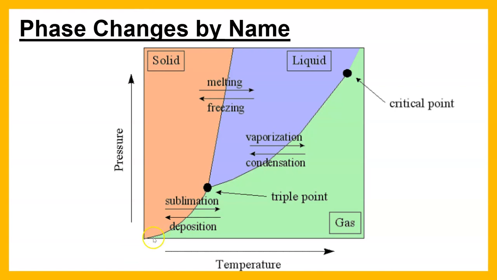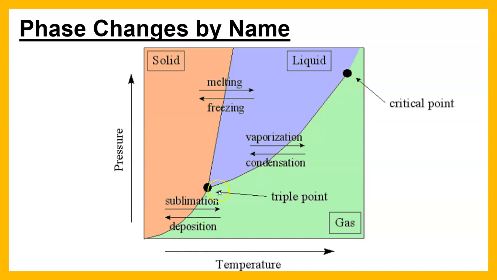If you have something at a very cold temperature and a decently high pressure, right, makes sense it would be a solid. If you have a decently high pressure, but it's a little bit warmer, it would be a liquid. And if you keep heating it up, it would turn into a gas.